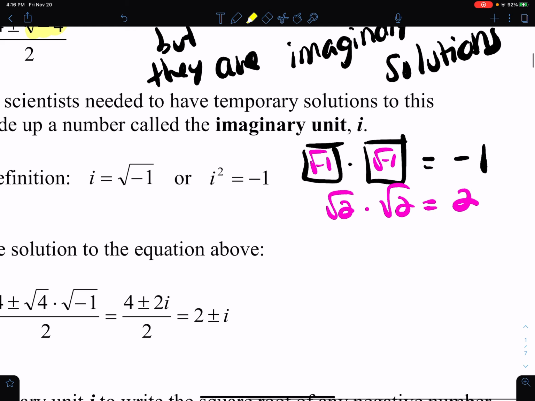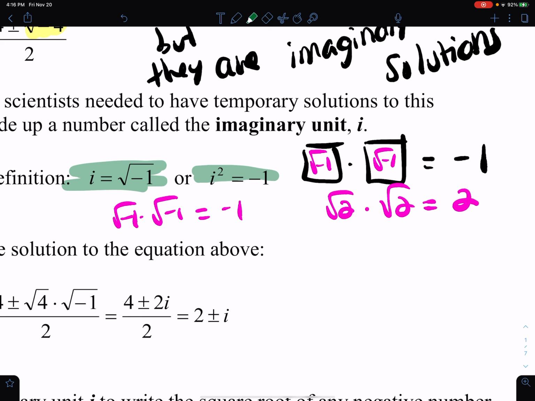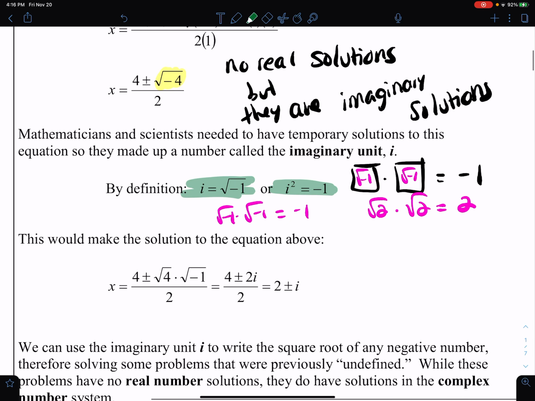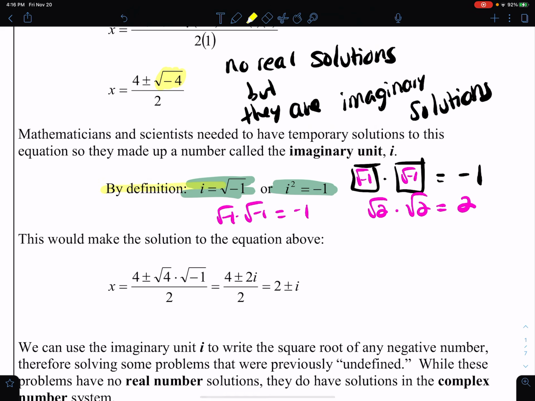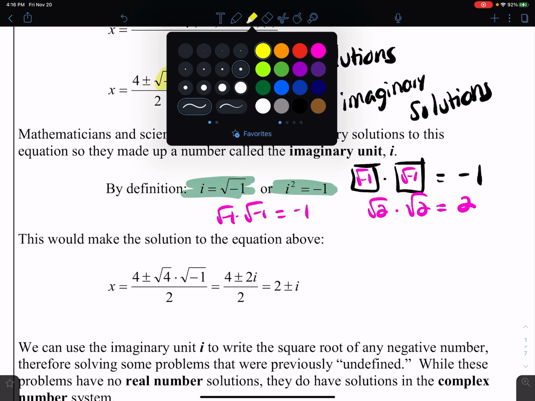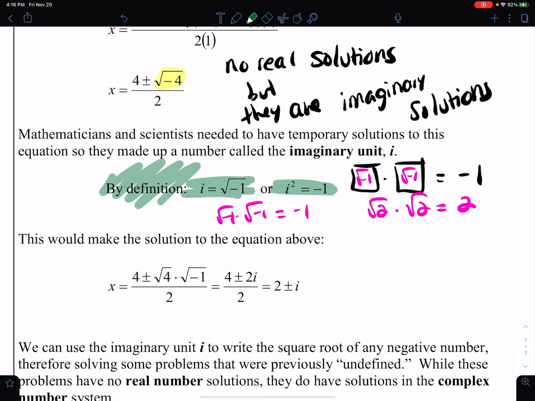The square root of negative 1 we defined as i. So by definition, if I take a square root and multiply it by itself, it undoes the square root, so i squared is equal to negative 1. The first most important part of today's lesson is the memorization of i is the square root of negative 1, and i squared is equal to negative 1.